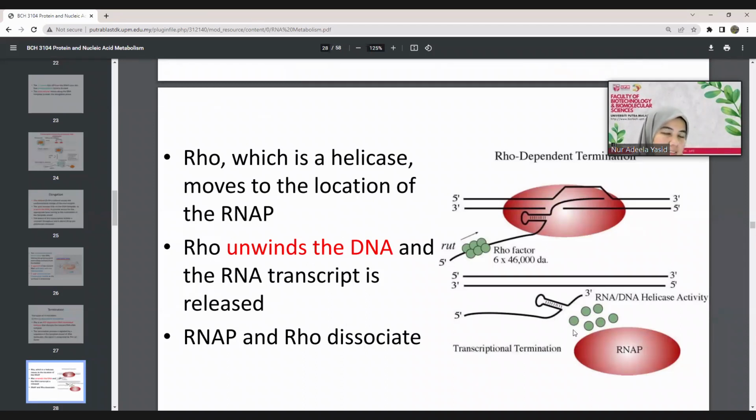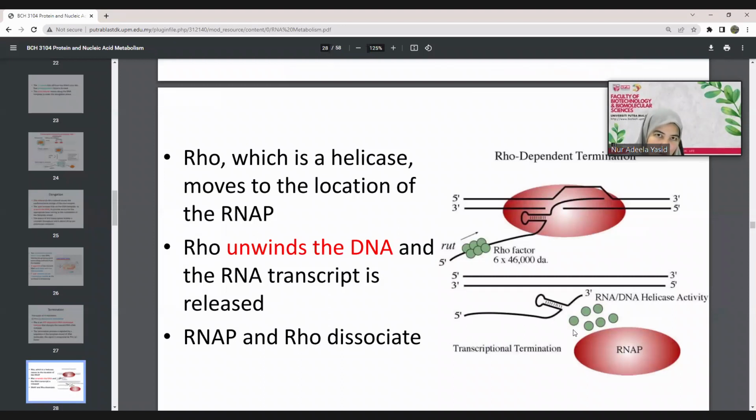As a result, the rho protein collides with the polymerase, and this interaction unwinds and releases the mRNA from the transcription bubble, releasing the RNA transcript.